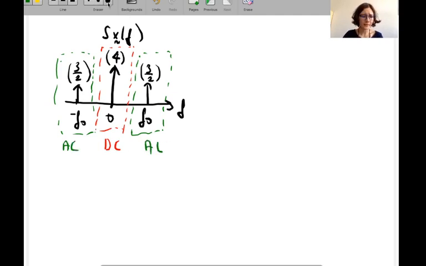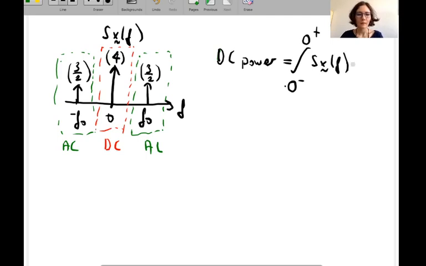So very simply, again, we could just determine the DC power of the process. We just have to, well, formally speaking, integrate, find the strength of the impulse at f equals 0. So mathematically, you could write this as the integral from 0 minus to 0 plus of the power spectral density df.